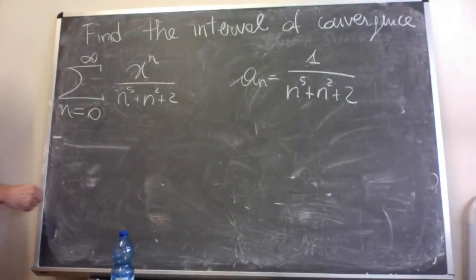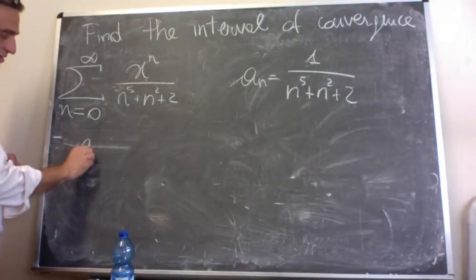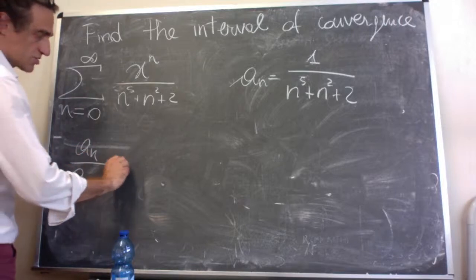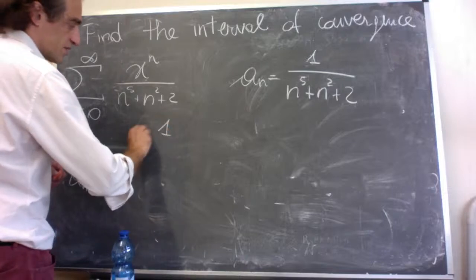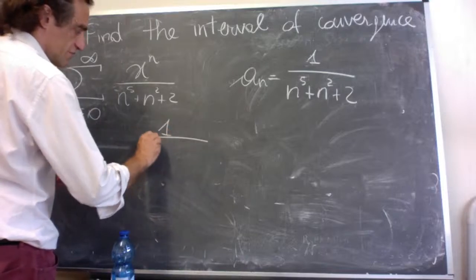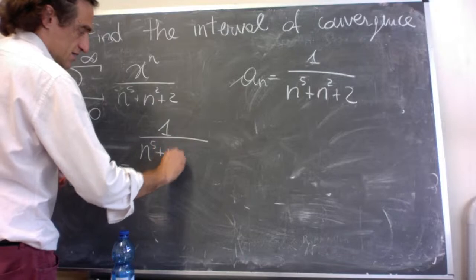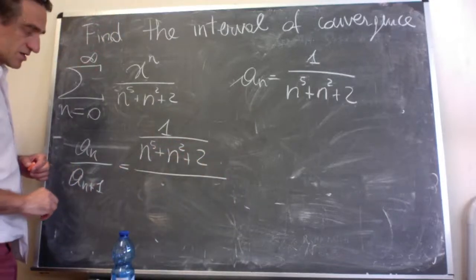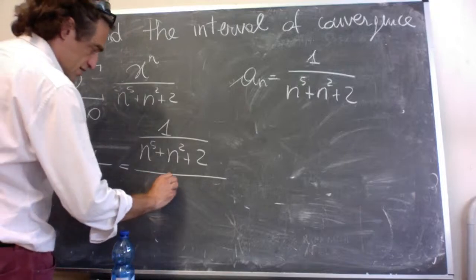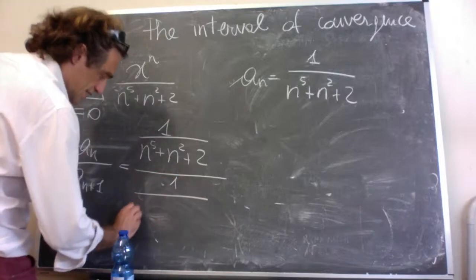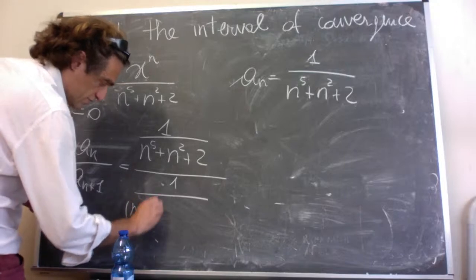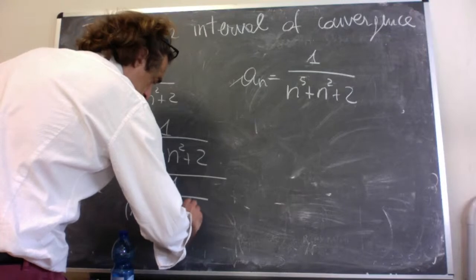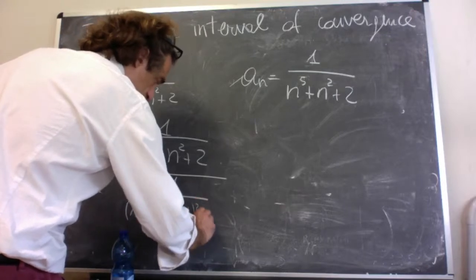And then you have to compute an divided by an plus 1. So you have 1 over n to the 5th power plus n to the 2nd power plus 2, and here you have to divide by 1 over n plus 1 to the 5th power plus n plus 1 to the 2nd power plus 2.